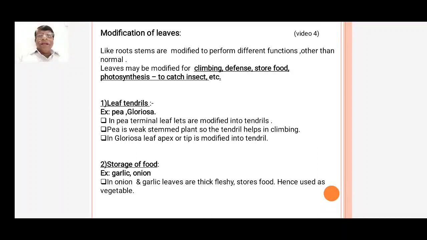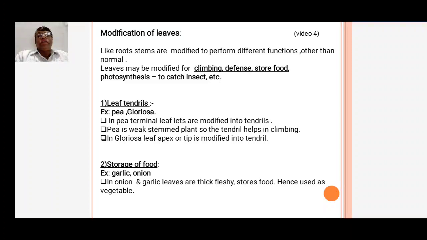In order to give support or for climbing purpose, the leaf apex, apex means the tip of the leaf, is modified into tendril. Thus, in pea and Gloriosa, the tendrils help in climbing.